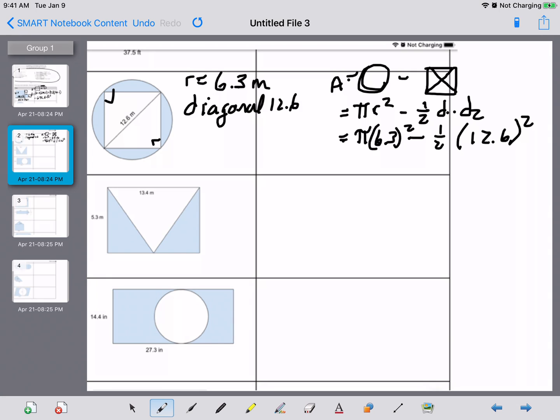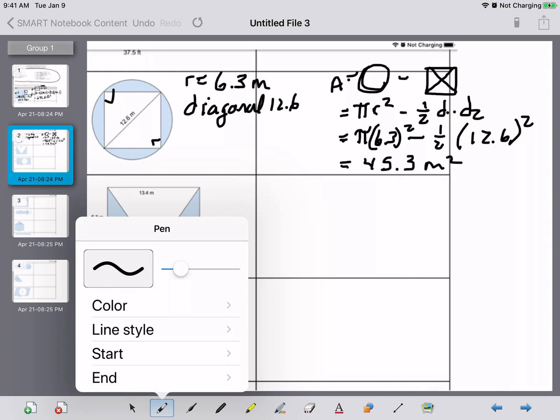That returns 45.309. Rounding to the tenth, it's 45.3, and this is meters squared.